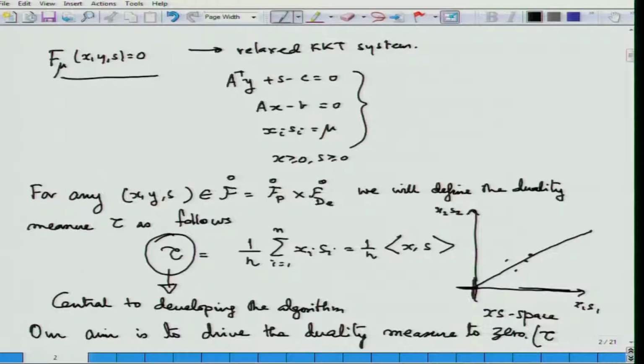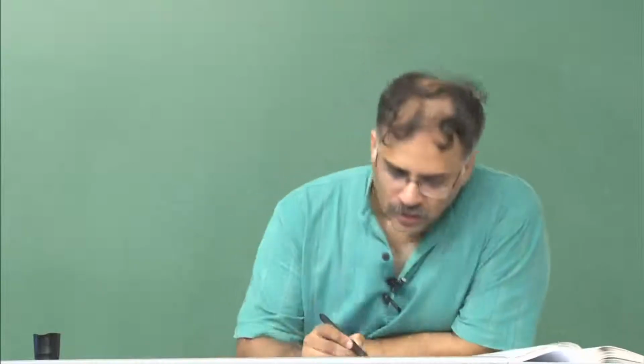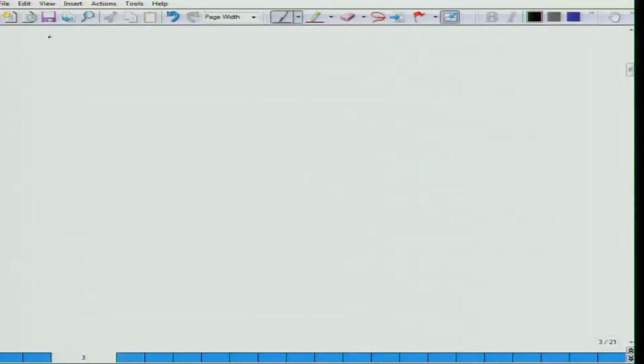Now, in all the algorithms, we plan to drive tau to 0, but can we really drive tau to 0? That is the question that we want to answer.